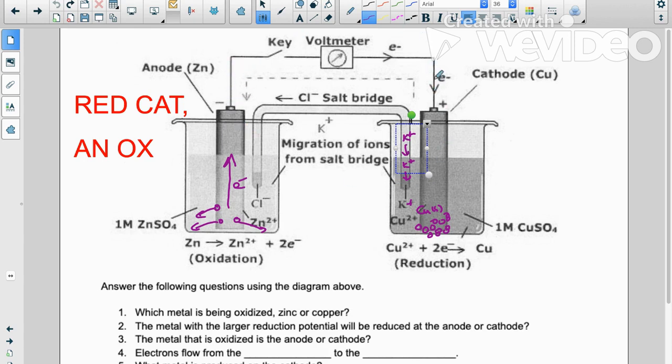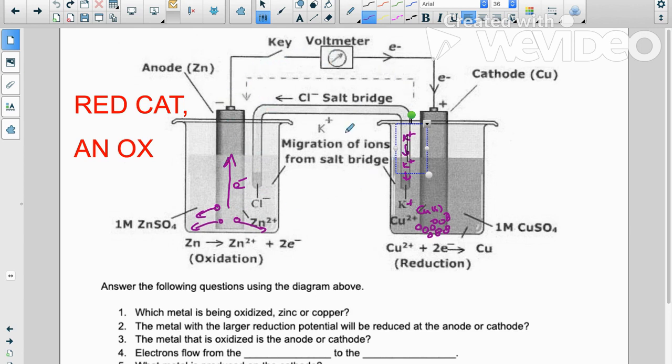And it's always the anode to the cathode, and the positive ions go to the cathode. The negative ions here, the Cl minus, are going to go to the anode to make the positive charge that's forming here on the left side, and balancing out the charge that way. And so that allows the electrons to continue flowing.